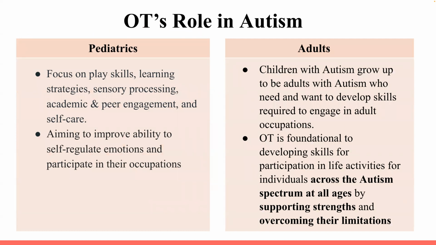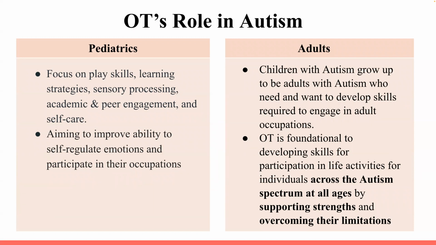OT's role in autism. So children and adolescents with ASD, what OTs do with these individuals, they usually focus on play skills, learning strategies, successful academic and peer engagement, self-care, and they also help manage sensory challenges.